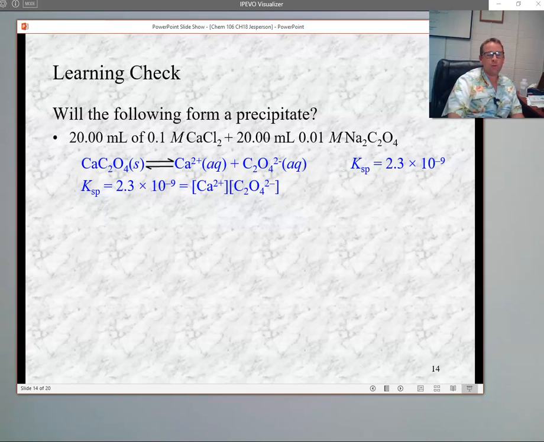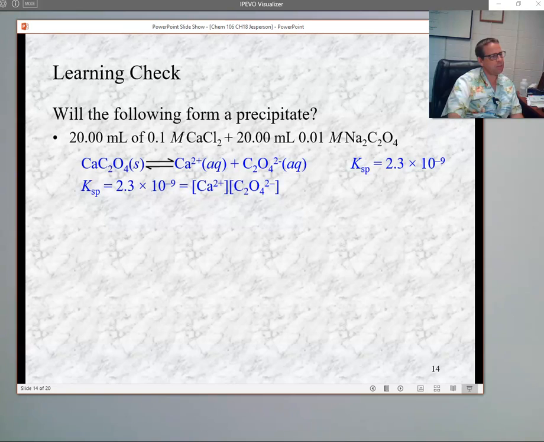For the reaction to drive back towards the product side, the product of these two ions has to be higher than the K for this reaction. Or in other words, the Q value, which is the quotient, the current equilibrium condition. And so we identified the concentration of calcium ion.